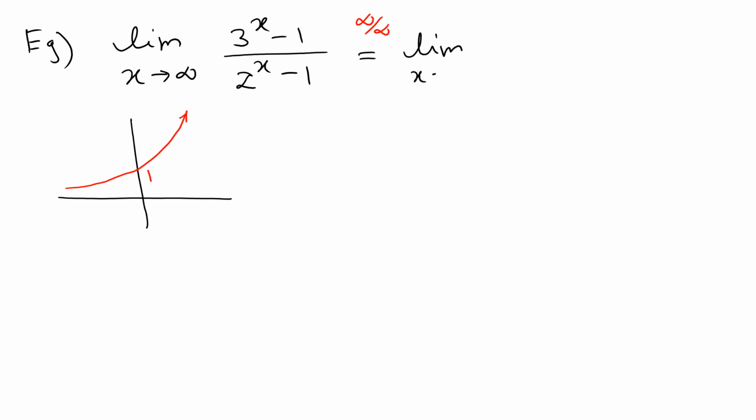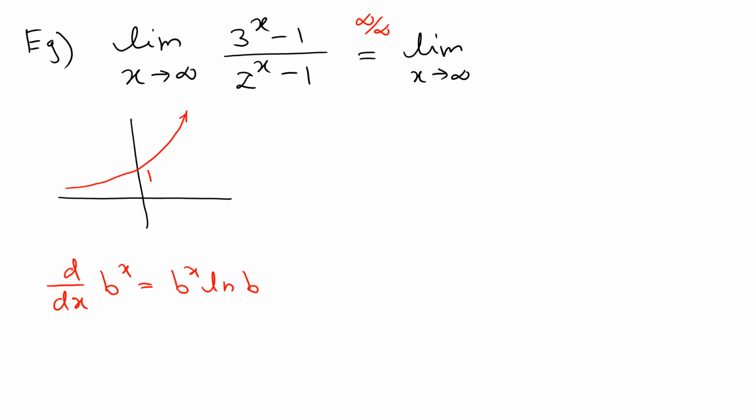So let's recall how to find the derivative of an exponential function, the power function. The result is d/dx of b^x is simply b^x, you repeat that, times ln b. So we multiply by the natural log of the base. So that's the result we use here.